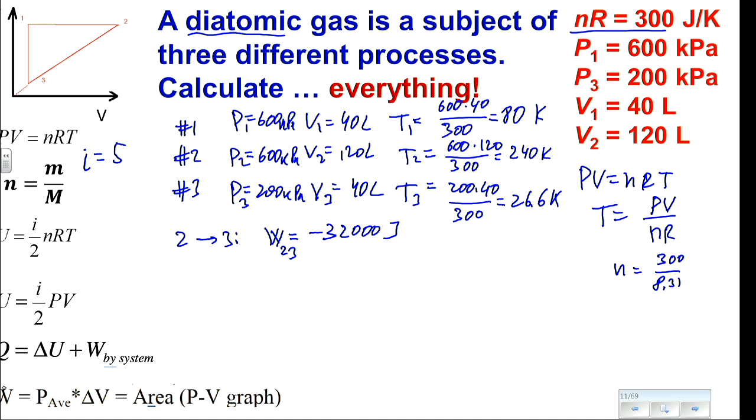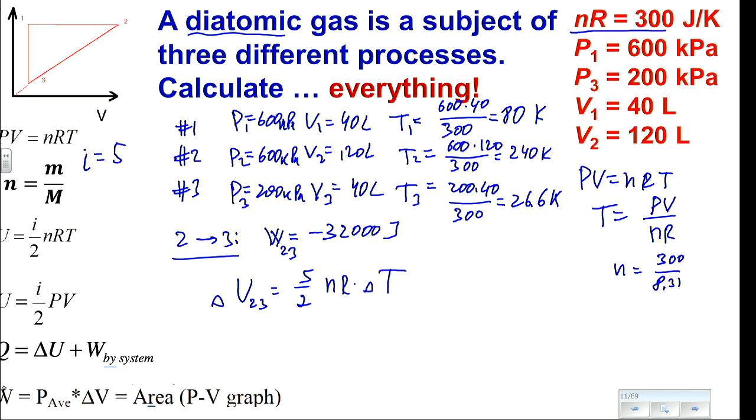Since it's diatomic, we just say, for a diatomic gas, it must be equal to 5. That's it. So now, for this very process, the change in the internal energy should be equal to 5/2, this product, times change in the temperature.